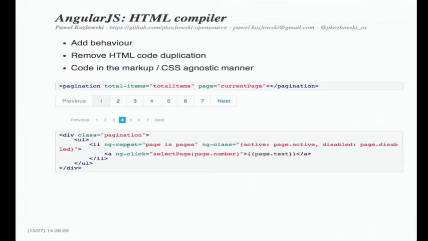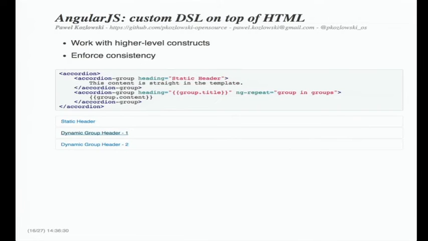And since all the directives can have their own template, we can also abstract the markup and CSS that we use to generate the final code. So we could just swap a template and all of a sudden have our pagination look like Zurb Foundation instead of looking like the Bootstrap CSS.